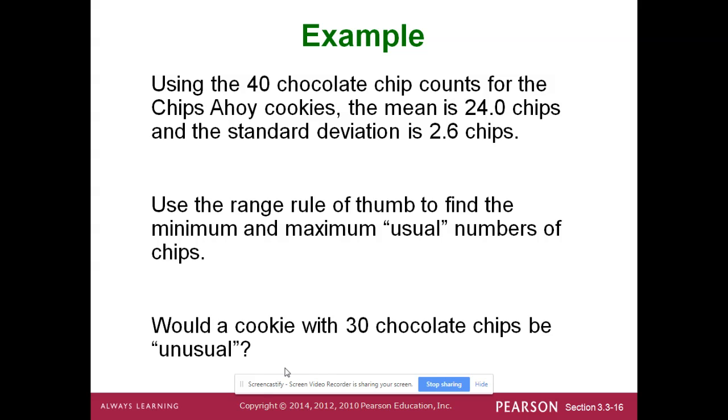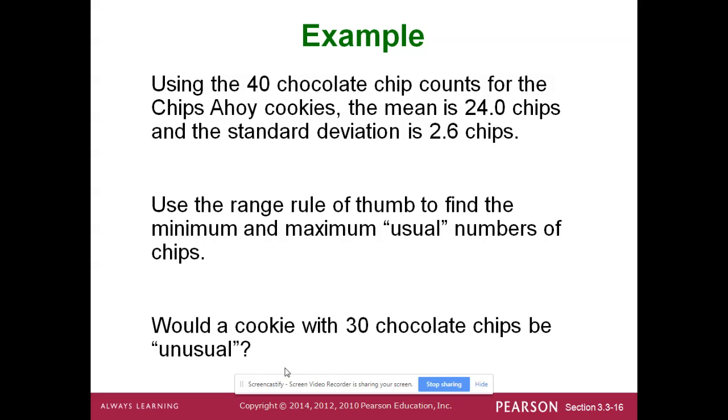We don't have all of the data, we don't have those counts. We just got this information. We want to know what are the usual values, minimum and maximum, for number of chips. If the mean is 24 and the standard deviation is 2.6, what is the minimum usual value for that?